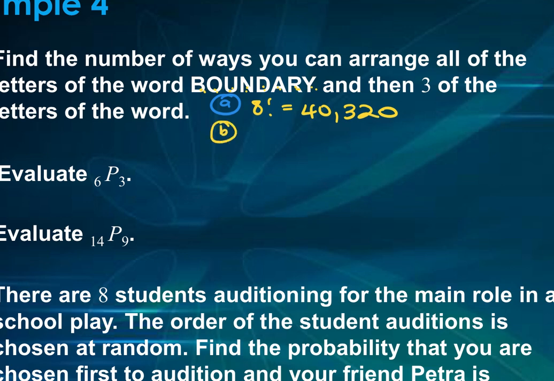B, what about 3 at a time? This would be 8P3. 336. What's 6P3?